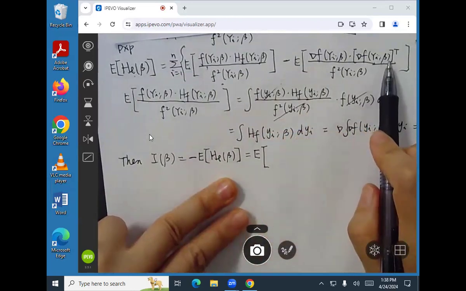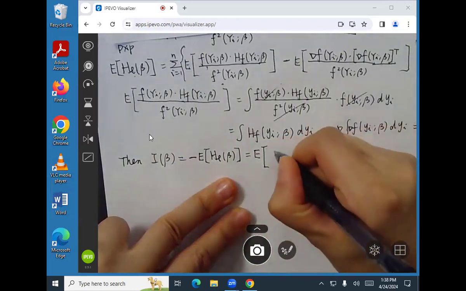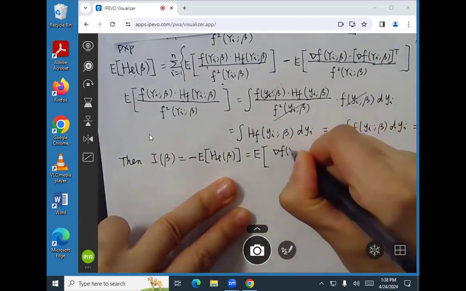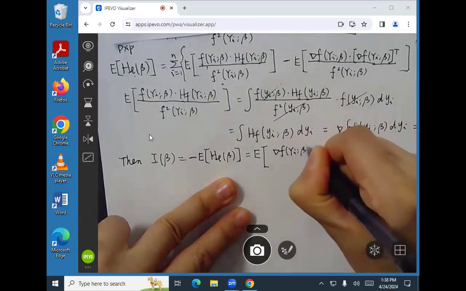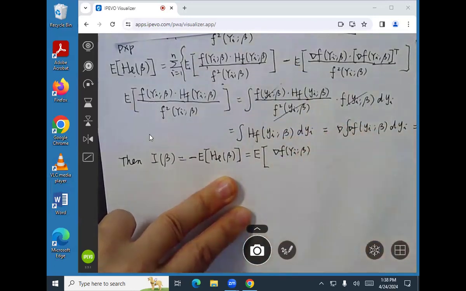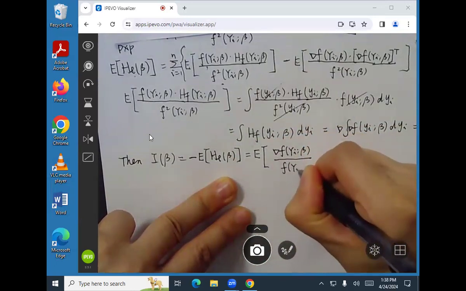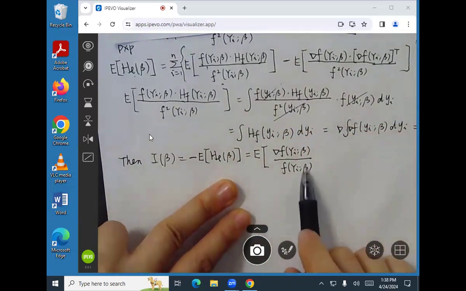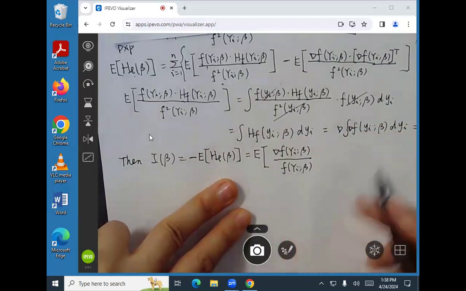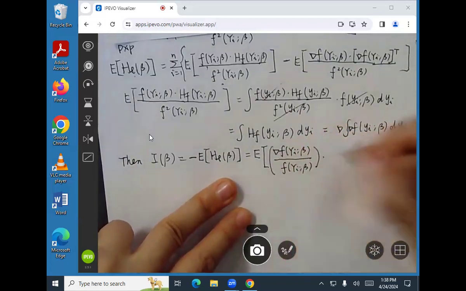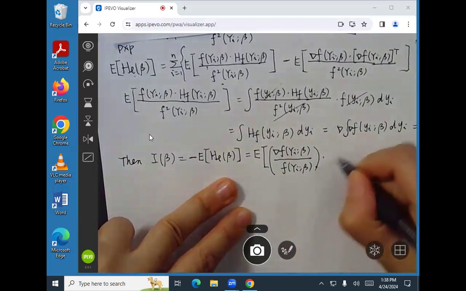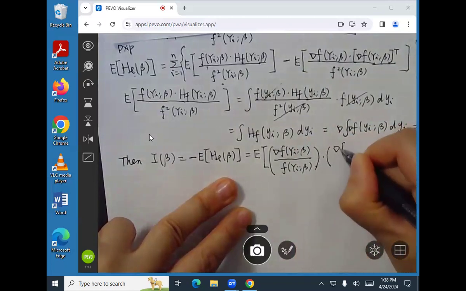And now I can write it in two terms. I can write it as the gradient of f(yi, beta), please note that all the gradients here are against beta, over f(yi, beta). The denominator, as I said, is a scalar, times its own transpose.